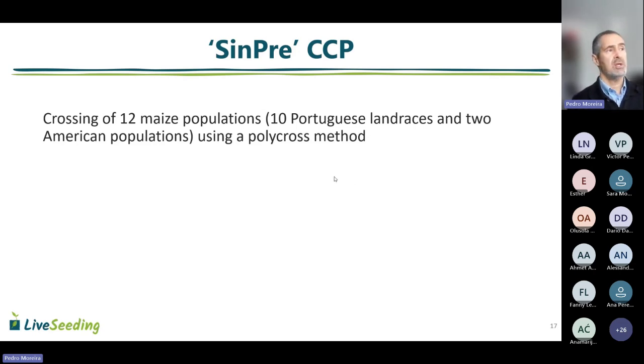Generally, we use these Portuguese populations for maize bread, but in this case, we really wanted to produce some material that could be used by farmers for silage, for grain, for animals, and we were interested in knowing what would happen with this population.